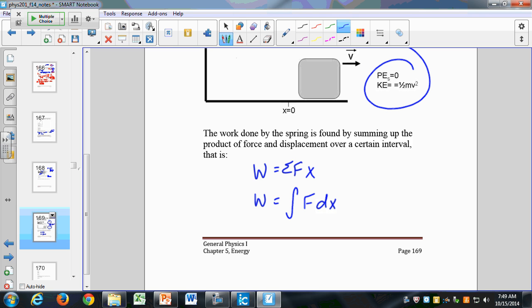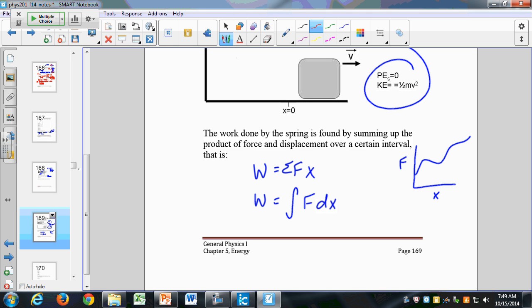Like if I were to plot the force as a function of x, and it looks like this, and I want to take the integral over a certain interval of that function, what does that tell me about the function? Just like we did before when we were trying to find the distance, we could take the area under the v versus t graph, and that's just the integral.